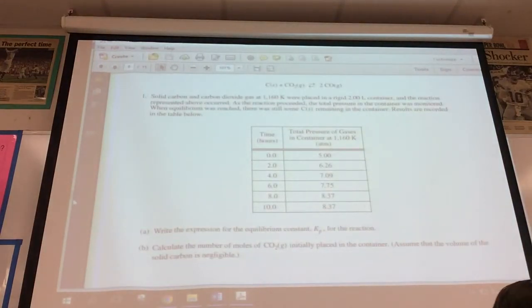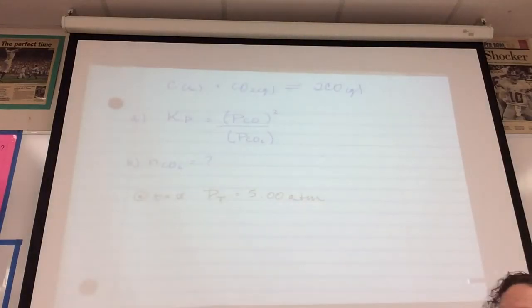So what do you know initially? At time 0, what's the total pressure? The total pressure of the gases is 5 atmospheres, right? And it says that solid carbon and CO2 at 1160 Kelvin were placed in a rigid 2-liter container.